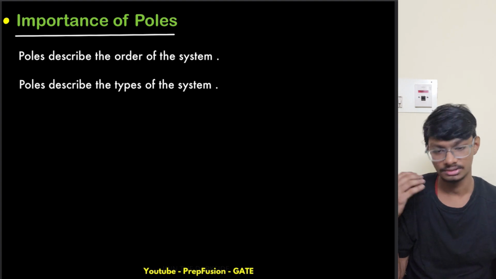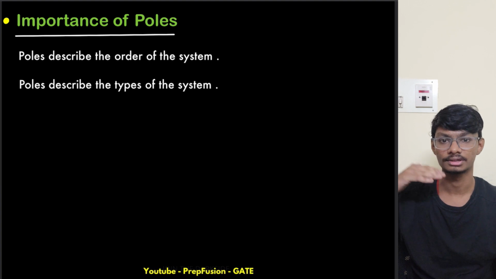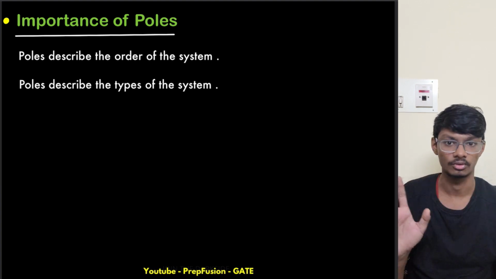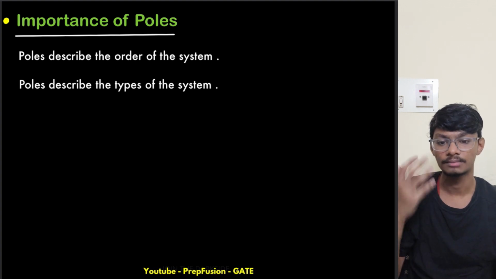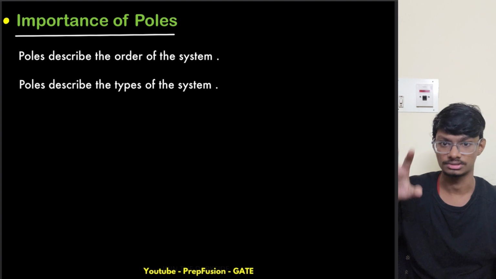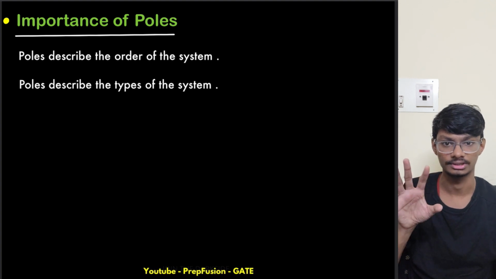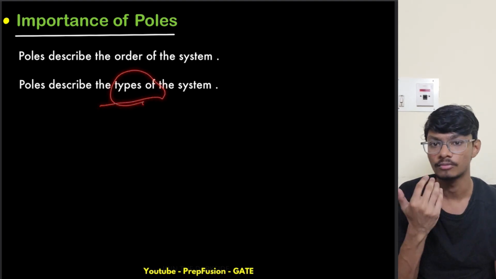Order means how many roots there are in the denominator. Or you can say the number of independent energy storing components present in the system. For RC you can say that, but for other things we can't define it that way. That's also another definition.